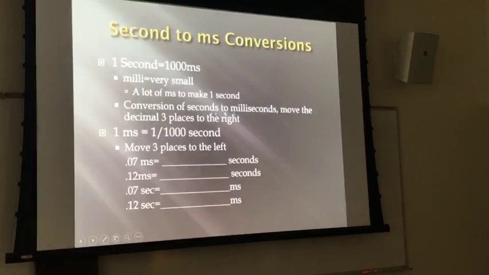So conversion of seconds to milliseconds, move the decimal places 3 places to the right. So if we have 1 millisecond, that's 1/1000th of a second, move 3 places to the left. So how many seconds is 0.07 milliseconds? 0.00007 seconds.